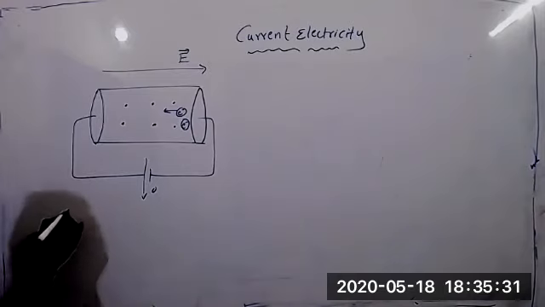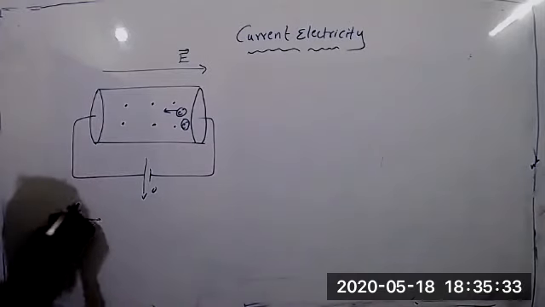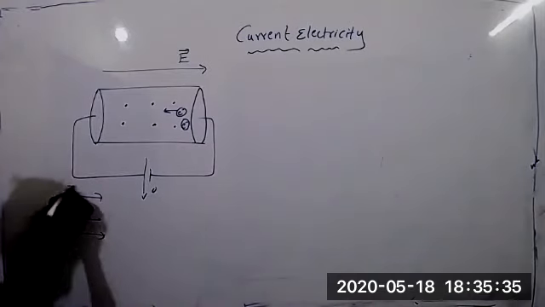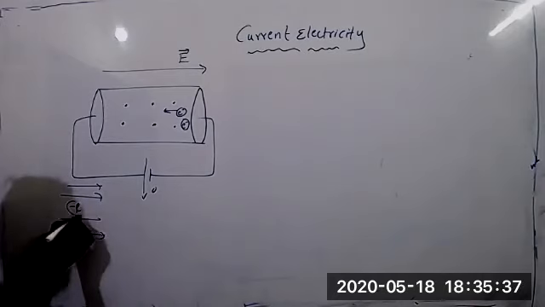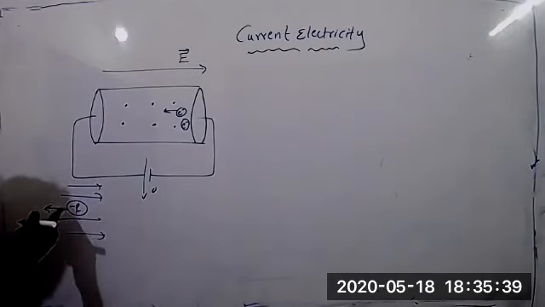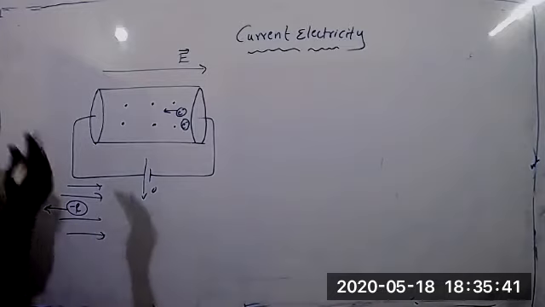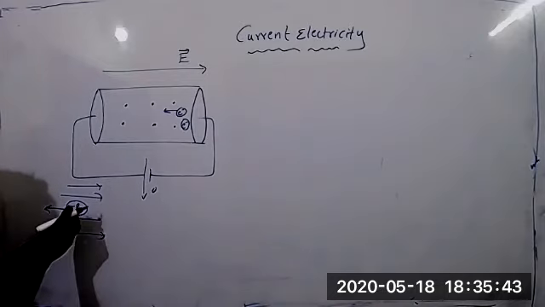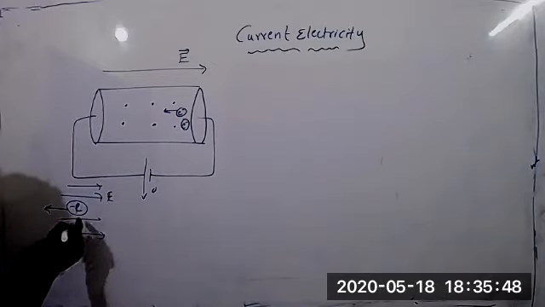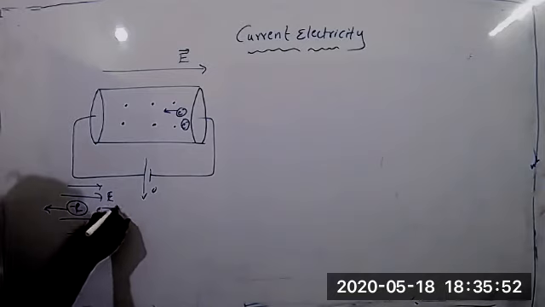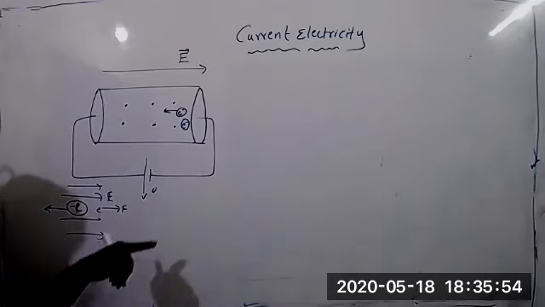Now, when an electron is placed in the electric field, what will happen? It experiences force in the opposite direction, right? According to the first lesson, if you place a positive charge, force will act along the direction of the electric field.